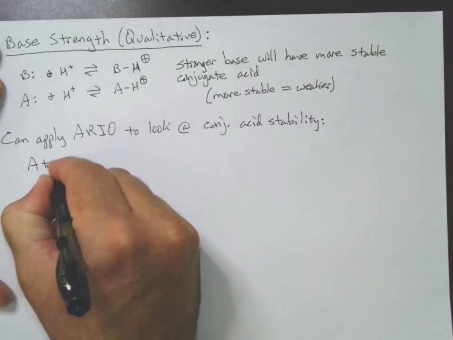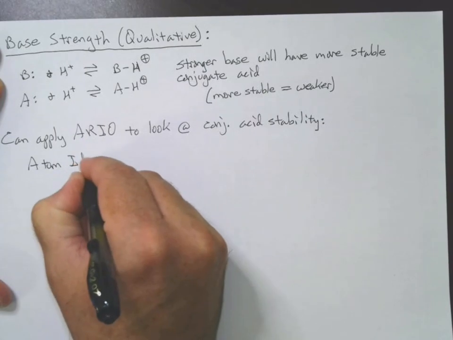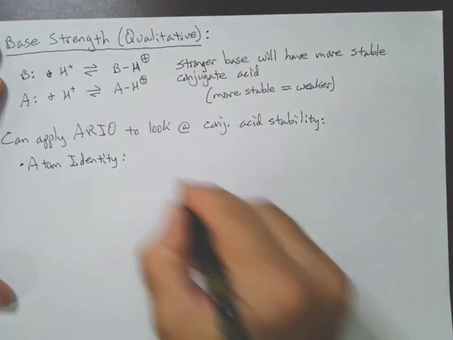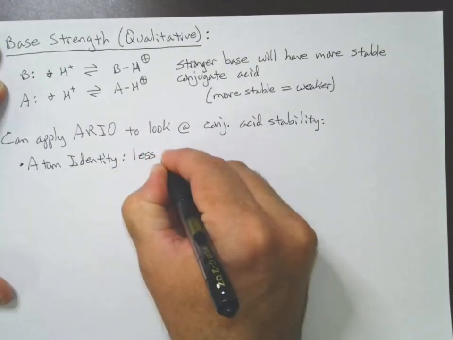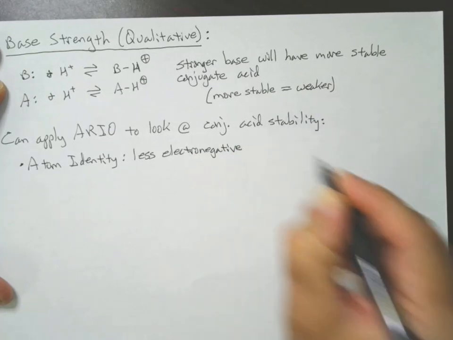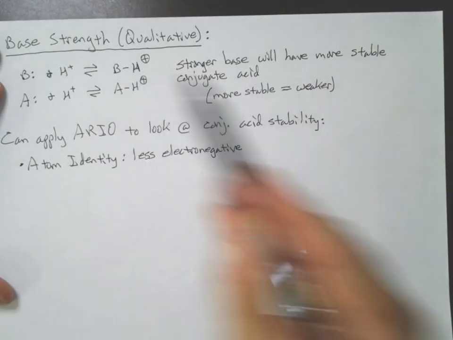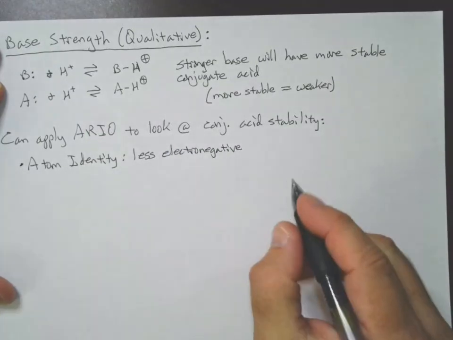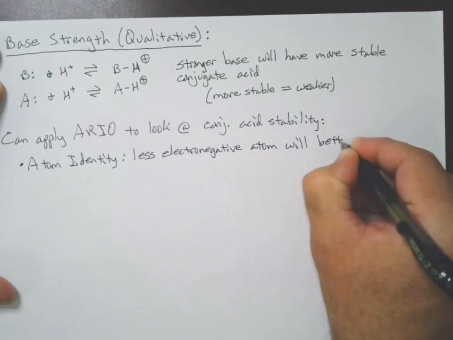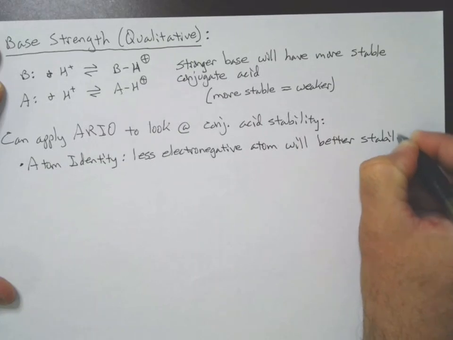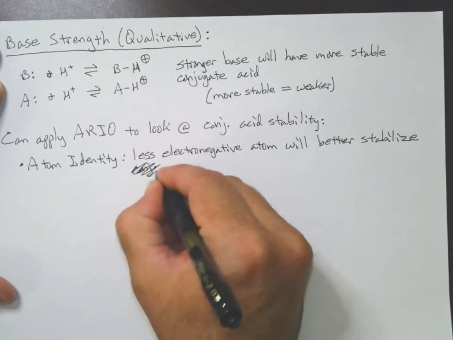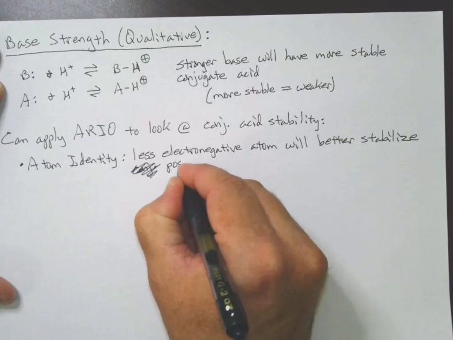First of all, for atom identity, since we're going to be stabilizing a positive charge in the conjugate species, a less electronegative atom will better stabilize positive charge.